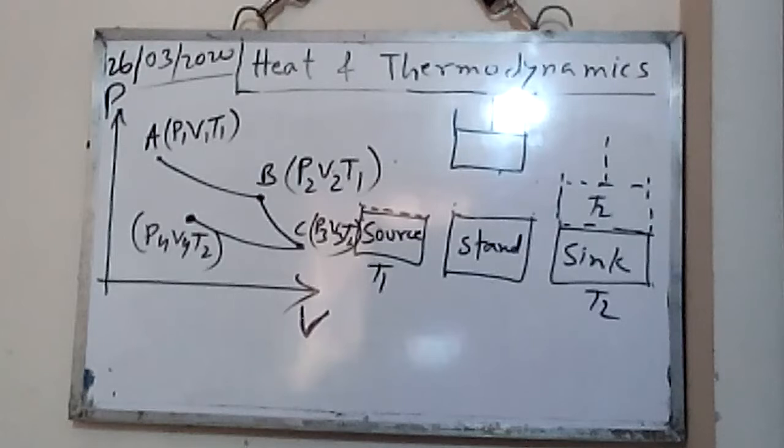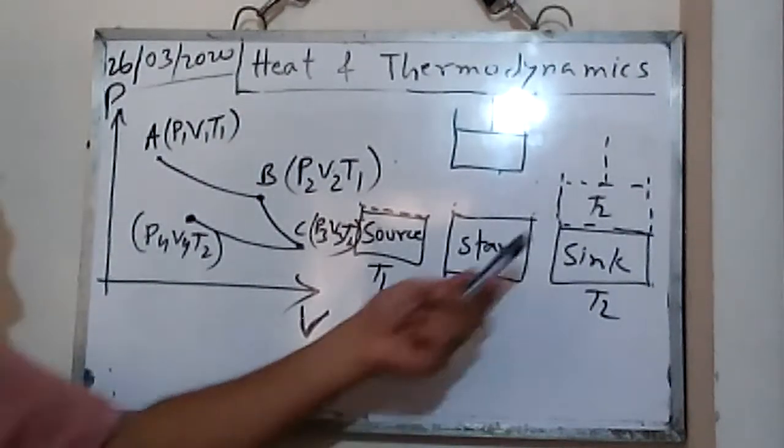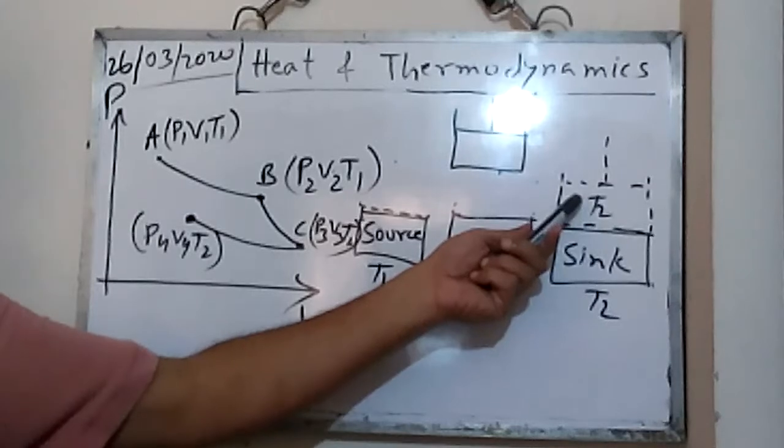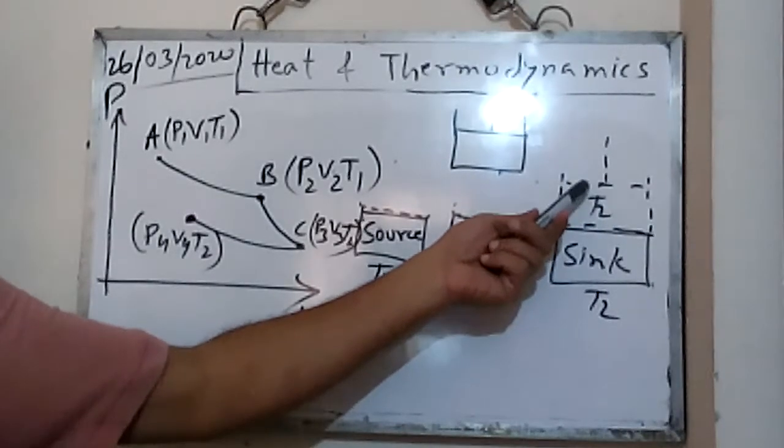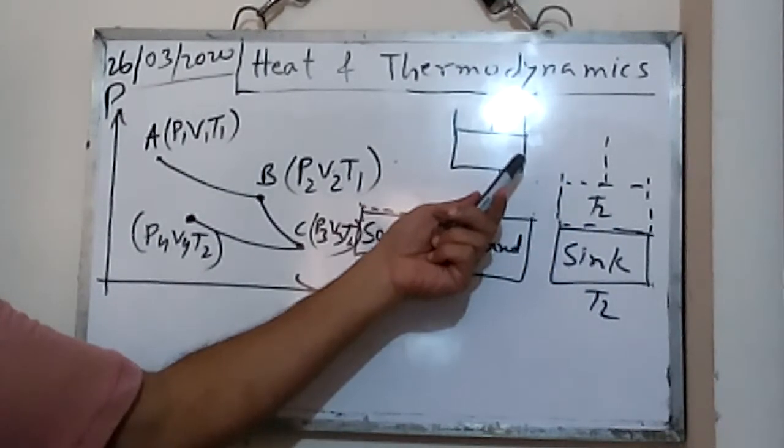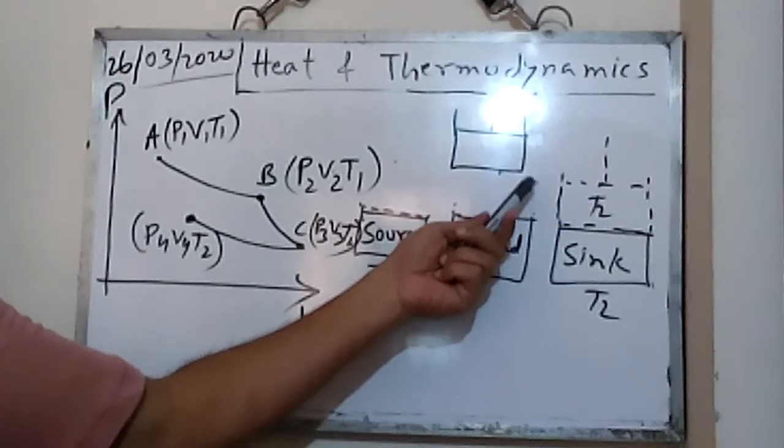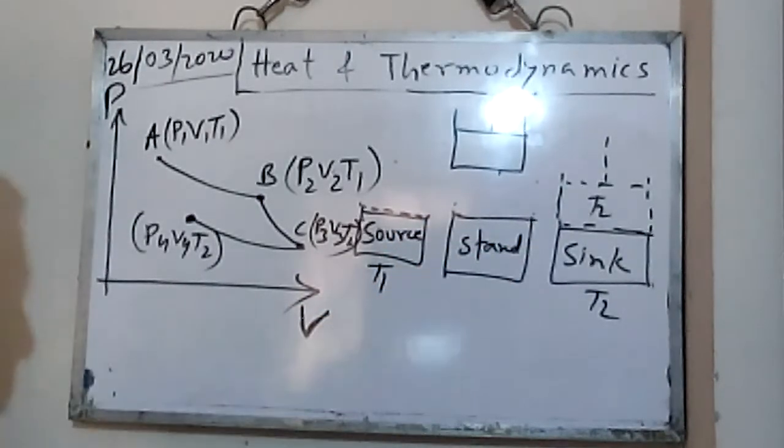Now the fourth operation. We just remove this cylinder and place it in contact with the insulating stand again.